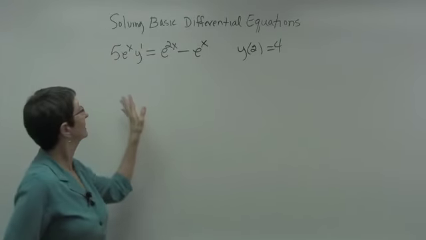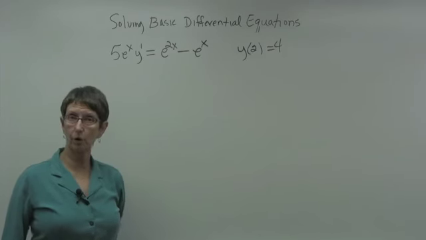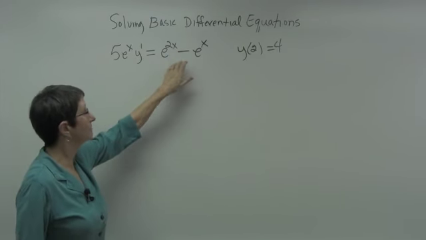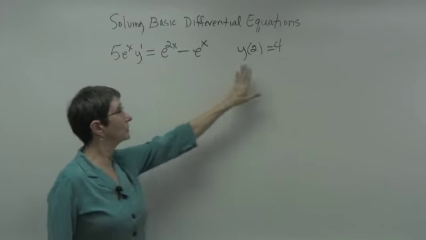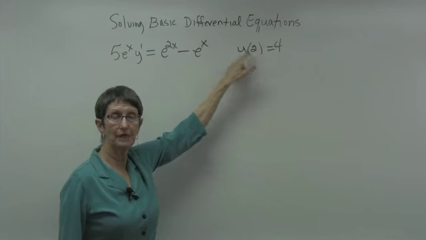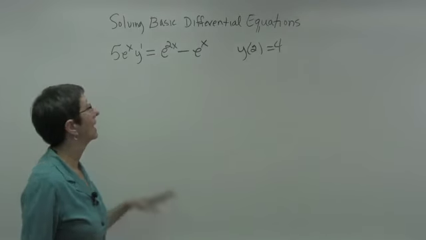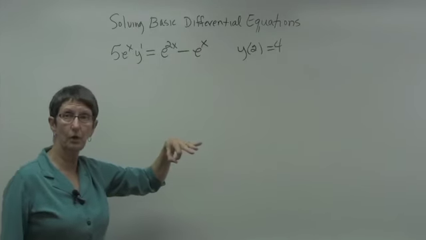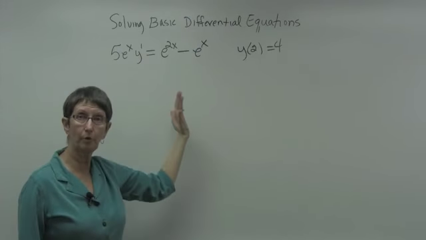We have the equation 5e to the x times y prime equals e raised to the 2x power minus e to the x. And we do have an initial condition where if x is equal to 2, y value is equal to 4. But this is not in the form I said of a basic differential equation where we could set it equal to y prime.